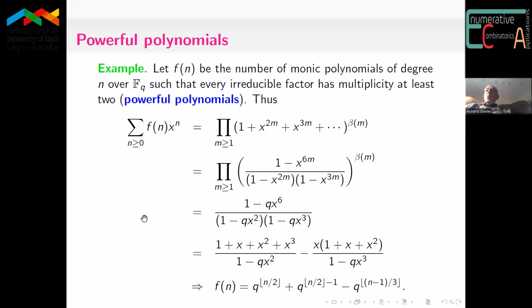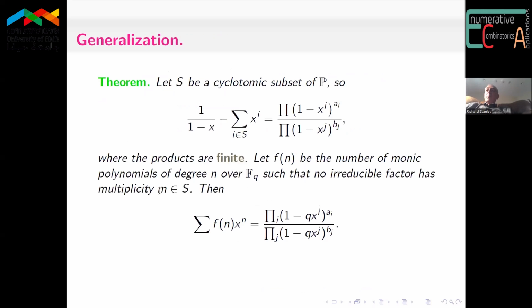Polynomials with no factor having multiplicity 1. This easily generalizes for any cyclotomic set. So for any cyclotomic subset S of the positive integers, you look at this sum, 1 over 1 minus x, minus x to the i for i in S. Because it's cyclotomic, we can write it in this product form.